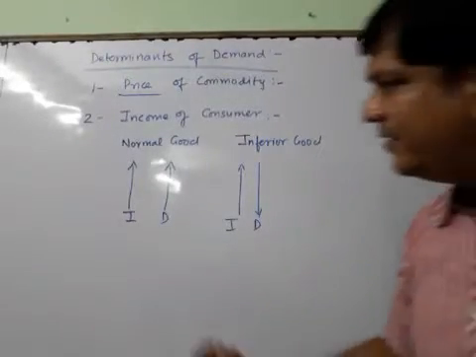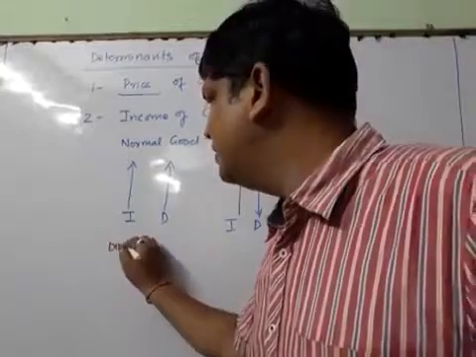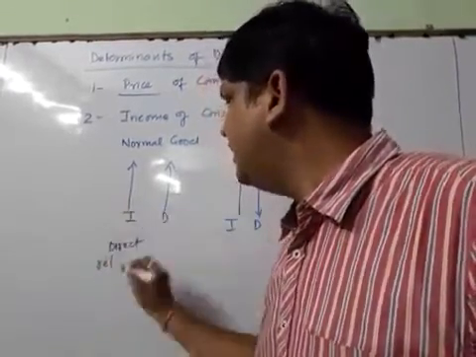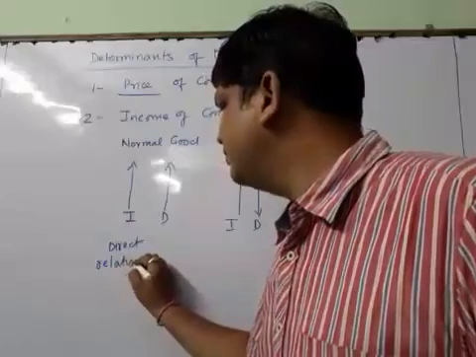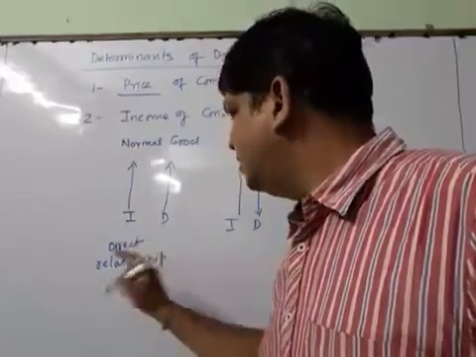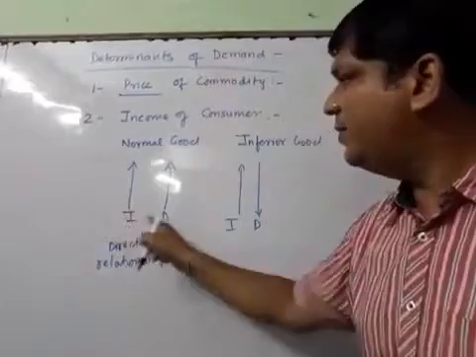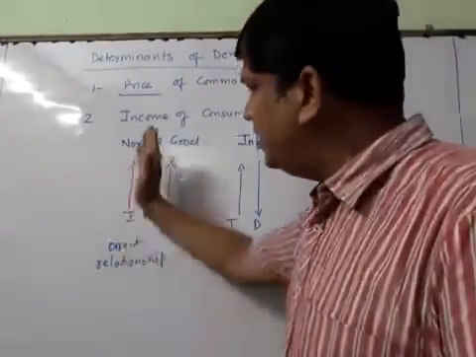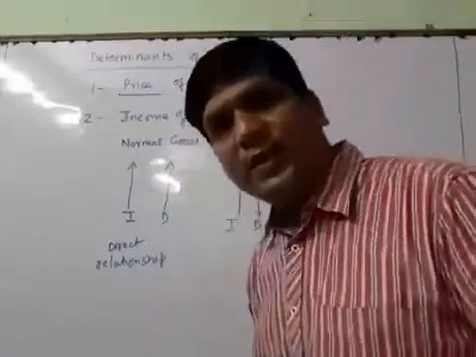Children, there is a direct relationship between income and demand for normal goods, because as the income increases, demand also increases.